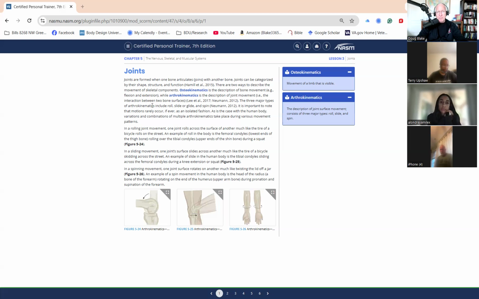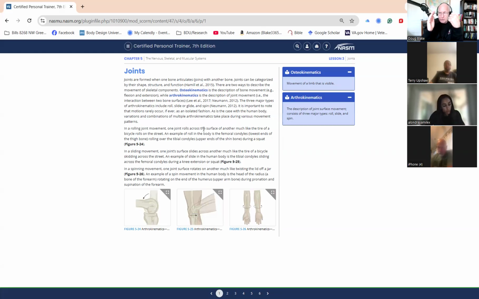The three major types, and this is what you do want to know even from testing purposes, arthrokinematics: rolling, slide or glide, and spin. So think about the head of the humerus in the shoulder joint. The head of the humerus at your shoulder sits inside what we call the glenoid fossa.